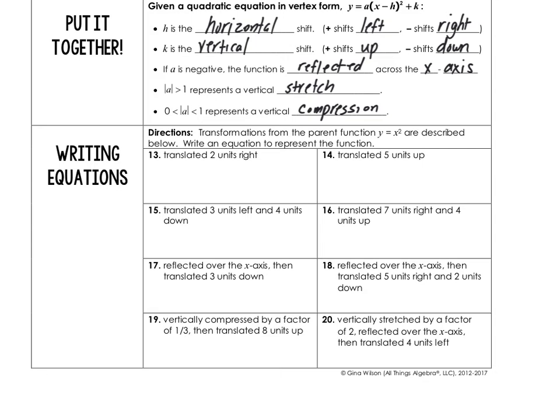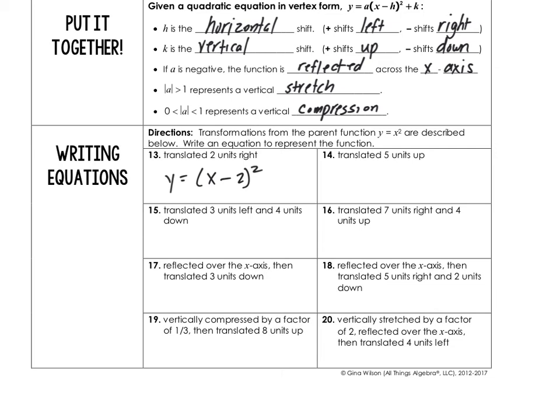All right, so the first one, number 13, translated 2 units right. That's going to be y equals x minus 2 squared. So if it's subtraction, it shifts it right.